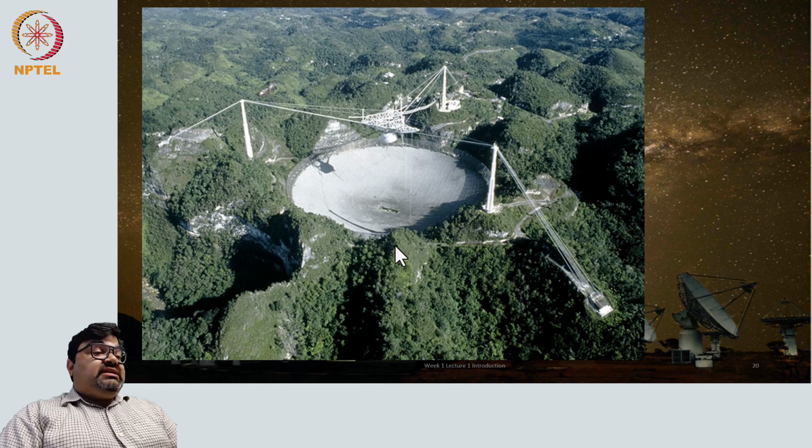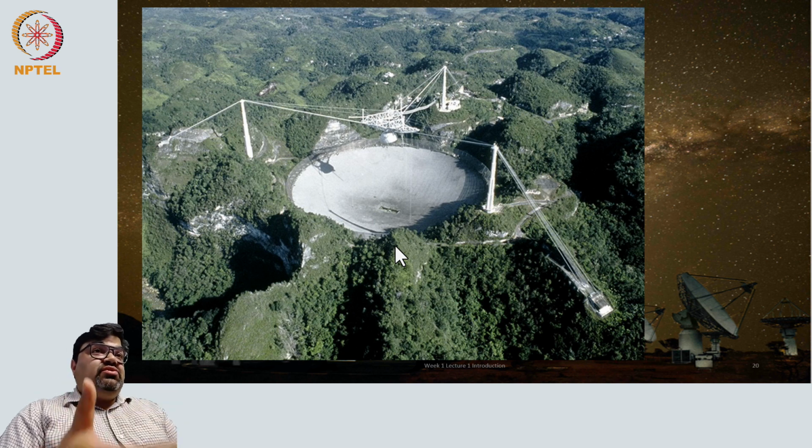The next one was the largest telescope since the beginning of its inception, and it was operational till another one came. I will mention it in a few slides next. This is a little bit different from the other telescopes because this is fixed on the ground.